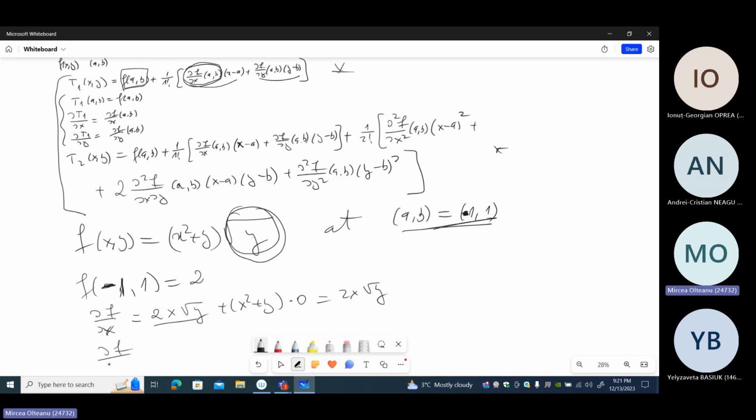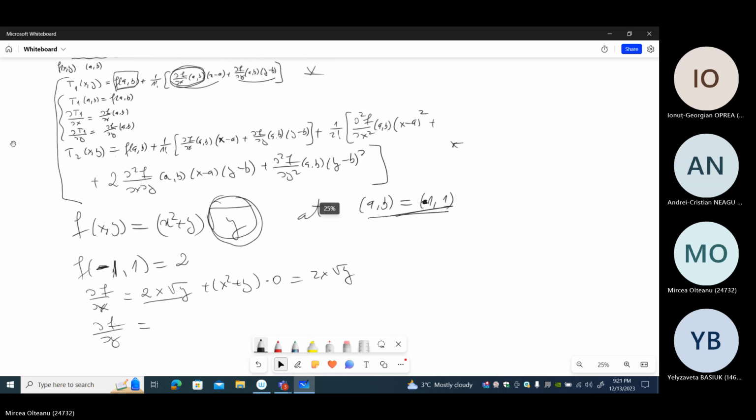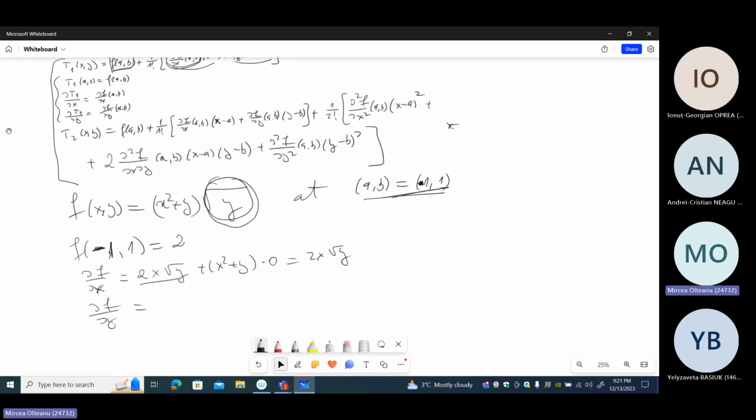And partial f over partial y at some arbitrary point. Now this time we don't have a constant. That will be square root of y plus x squared plus y times 1 over 2 root of y. Okay, and now we need to compute this.